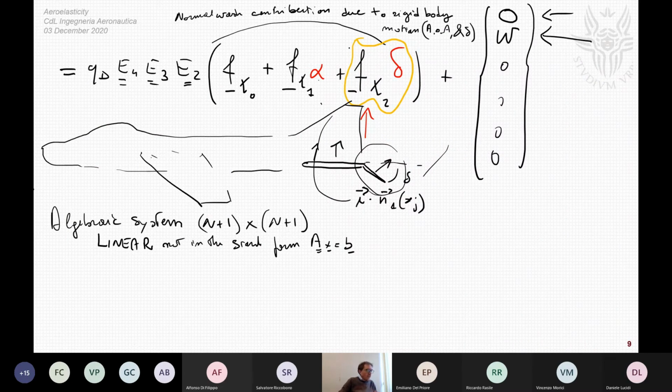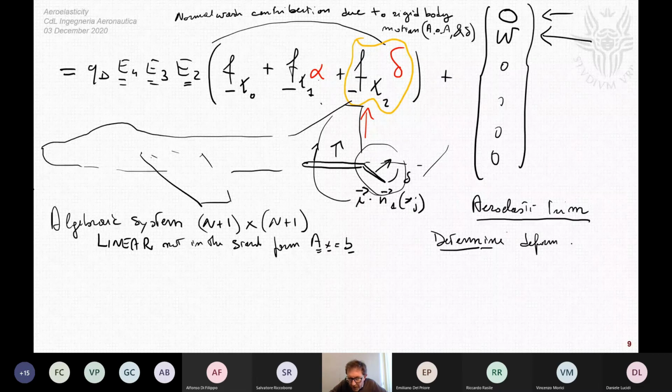Okay, and so one can face this kind of solution. So essentially, in the aeroelastic trim, you are able to determine the deformation of the aircraft in straight flight, for example.